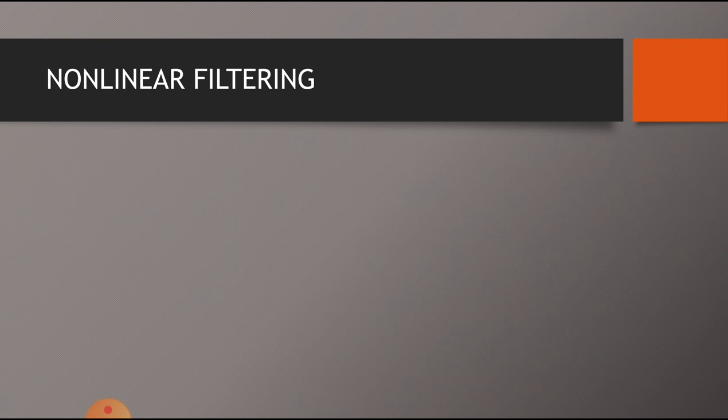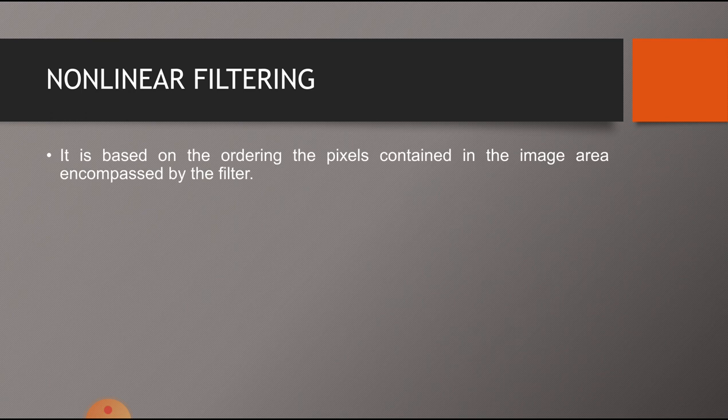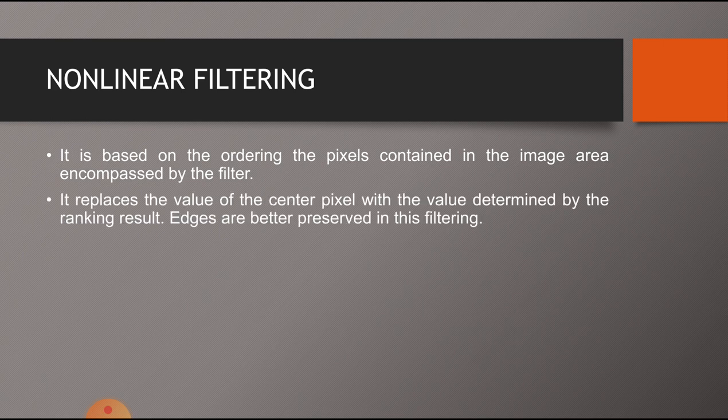The second type is non-linear filtering. Here it is based on the ordering of the pixels contained in the image area. It replaces the value with the center pixel, and based on the ranking it assigns the pixel values. This type of non-linear filtering is used for edge detection, so the edges are better preserved in this filtering.